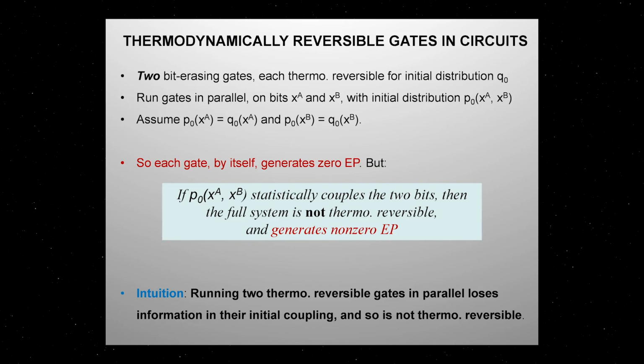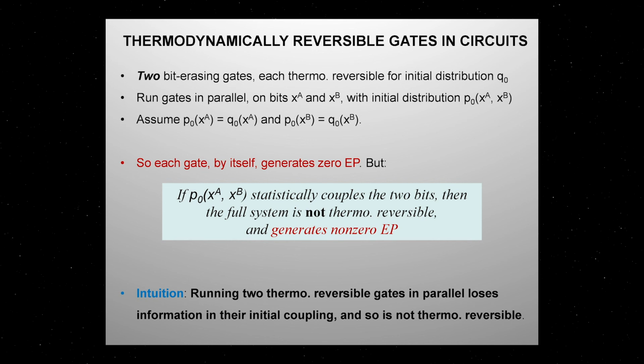Here's another fun thing that occurs when you're worrying about things like straight line circuits. Let me give you 2 bit erasers, both of which are thermodynamically reversible, let's say for a uniform distribution. I run them in parallel. Each one by itself is thermodynamically reversible.